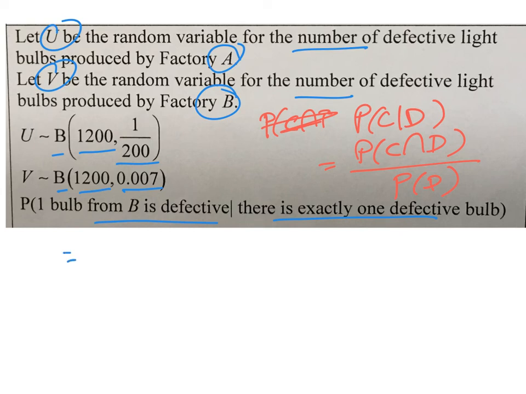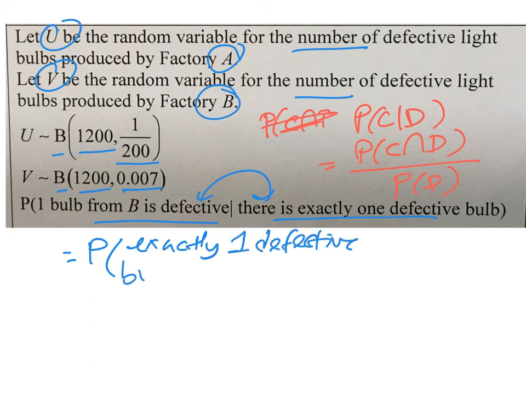The probability of the intersection of these two is simply the probability that there is exactly one defective light bulb from B. But what most students miss out is that besides looking at whether the light bulb from B is defective or not, we also have to look at the case where the sample is collected from A. If exactly one defective light bulb from B is obtained, then from A there must be no defective light bulb obtained.